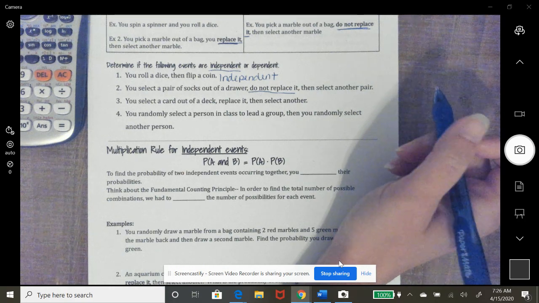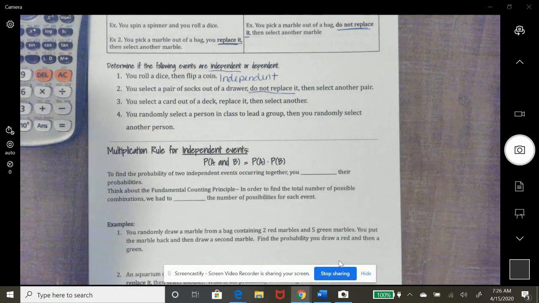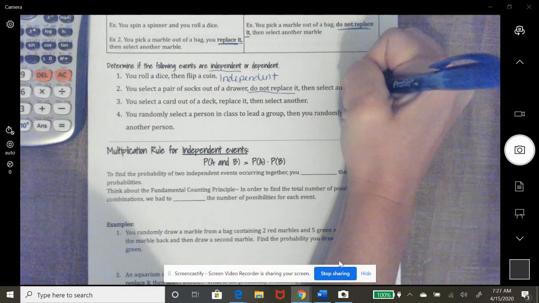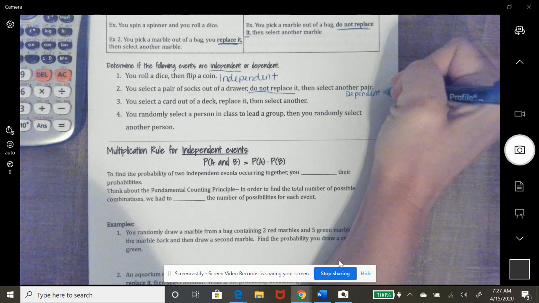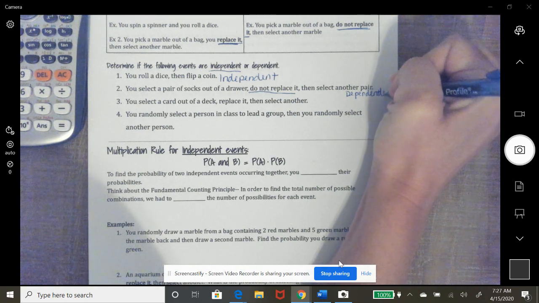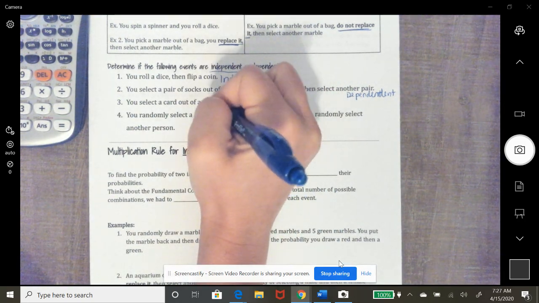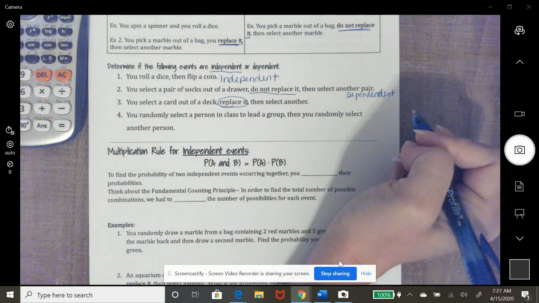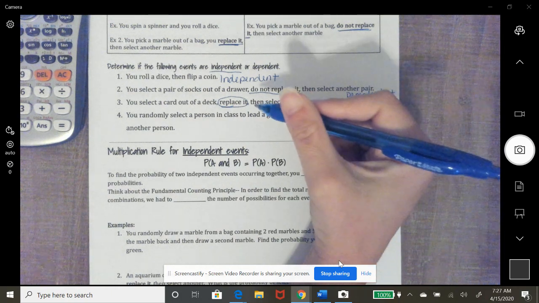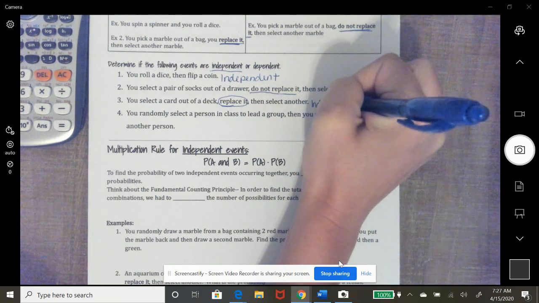If you do not replace it, look at your keywords up here. Which one would that give you? Dependent. You select a card out of a deck, you replace it, and then you select another. Your choices the first time are the same choices you have the second time since you replaced it. So those are independent.